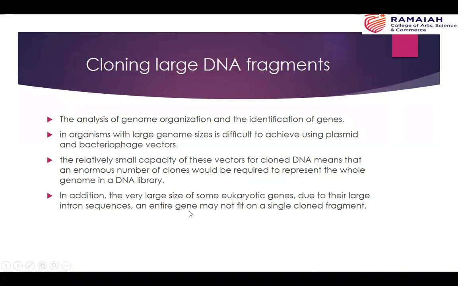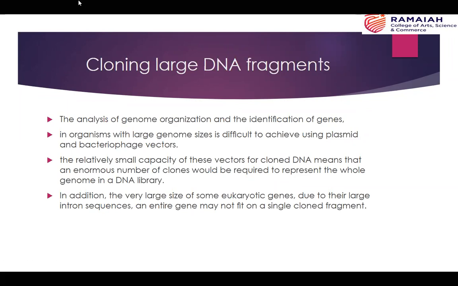As I mentioned, the very purpose of these cosmid vectors is for cloning large DNA fragments. When we have to analyze genome organization and identify genes, especially in organisms with larger genome size, it becomes difficult to use the smaller vectors like plasmid or bacteriophage vectors.